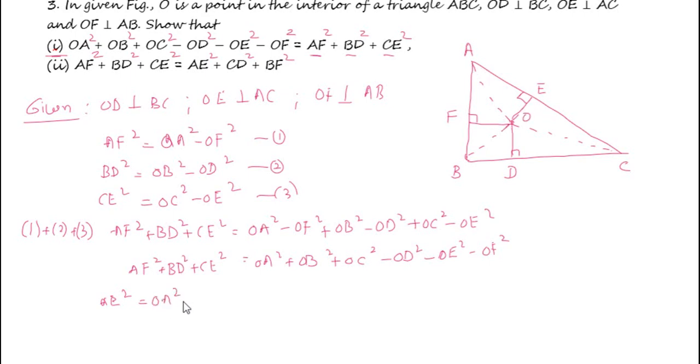Then CD square is equal to OC square minus OD square.